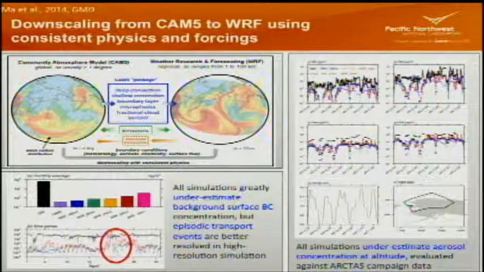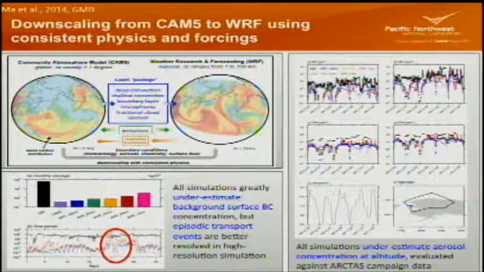We developed this tool that provides consistent physics and forcings for dynamical downscaling. We first port all the physics from CAM5, including deep and shallow convection, turbulent boundary layer, microphysics, cloud macrophysics, and aerosols.